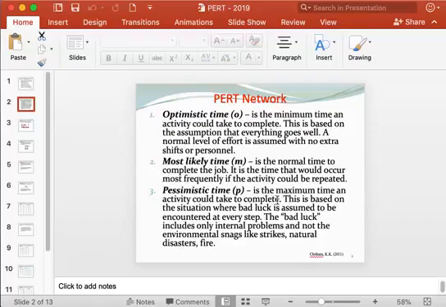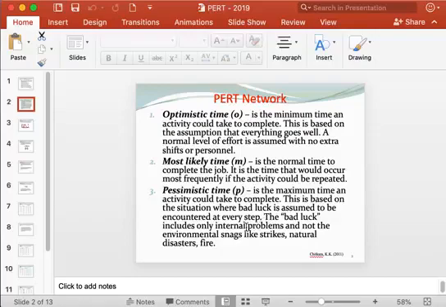Pessimistic time is the maximum time an activity could take to complete, assuming that the project comes across bad luck at every step. Bad luck here includes only internal problems and not environmental problems like strikes, natural disaster, fire, rain, and all.